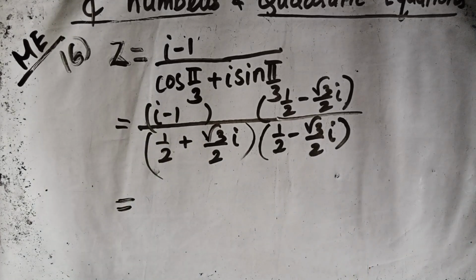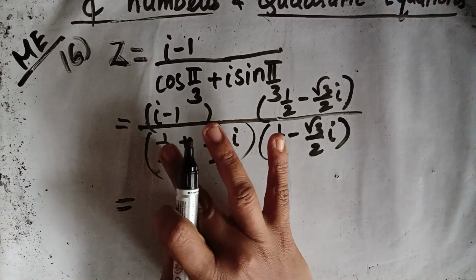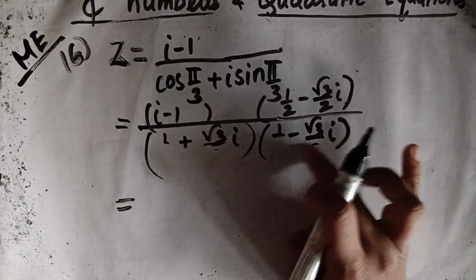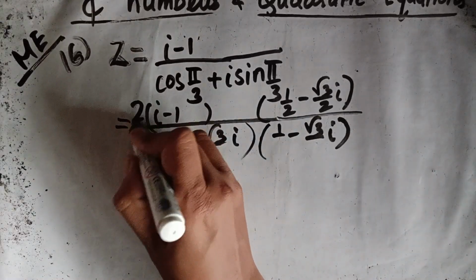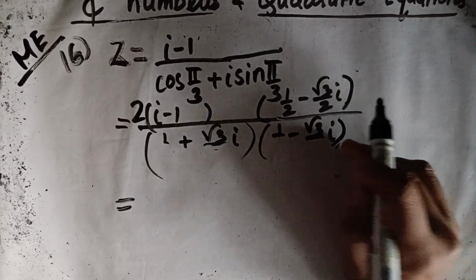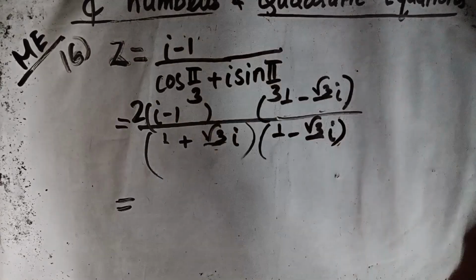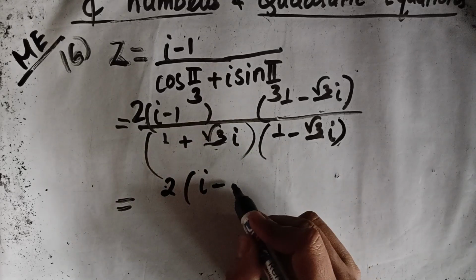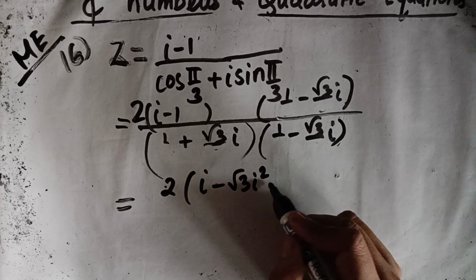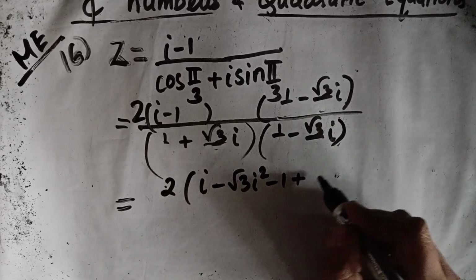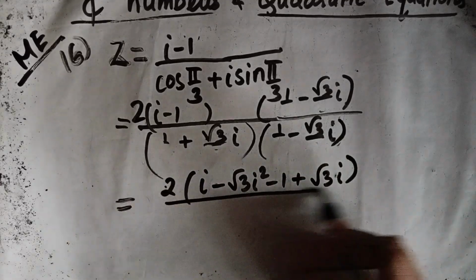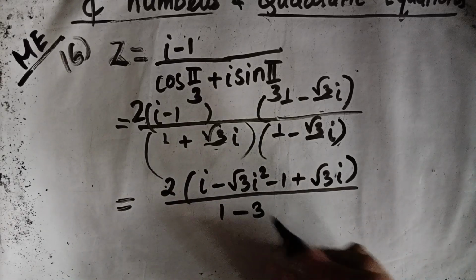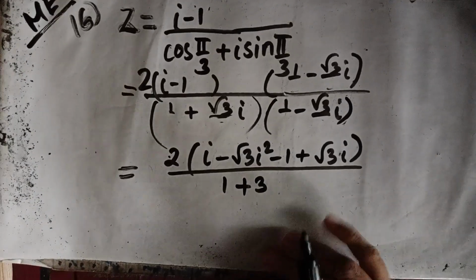So you can take the 2 in the numerator outside. Multiplying this, you will get 1 minus root 3 i, since the numerator is 1 minus root 3 i, and the denominator is 1 plus 3.